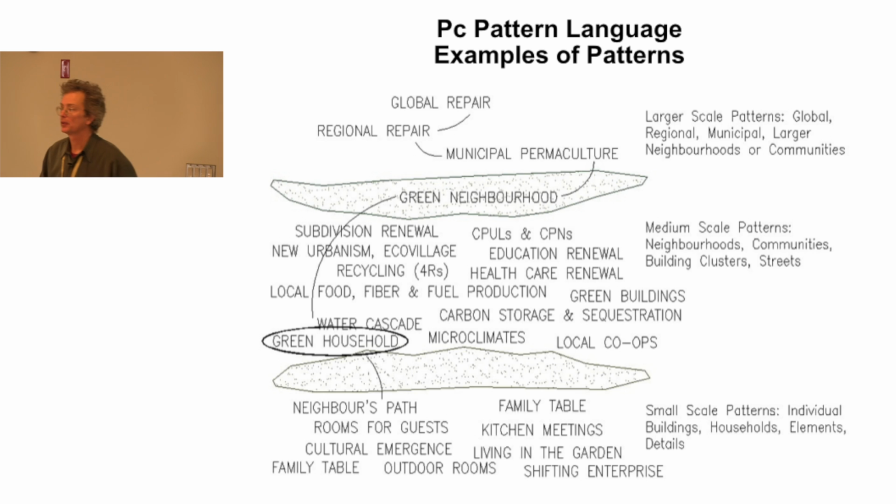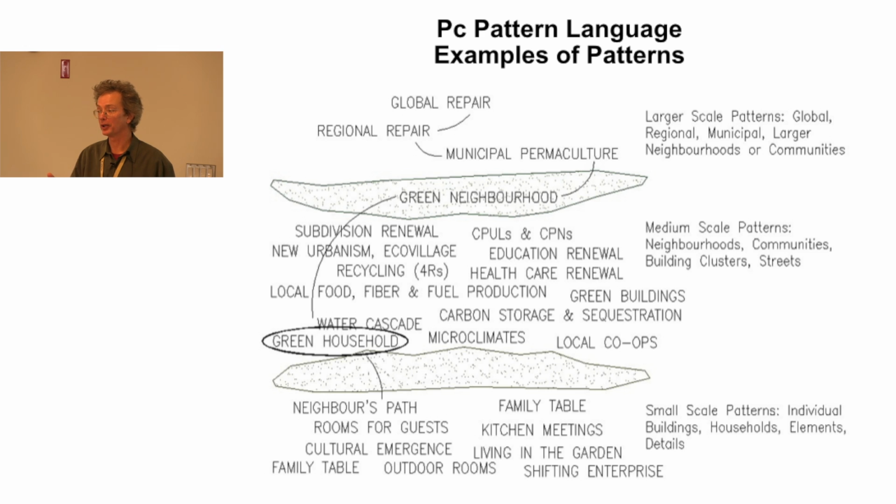Green household. So we're kind of moving into the social cultural, kind of the new expression of social cultural. Neighbor's Path is an interesting little definition of what living in the environmental age is. And the answer is, does anyone know the answer?